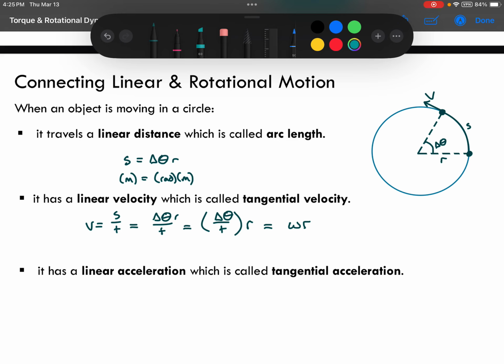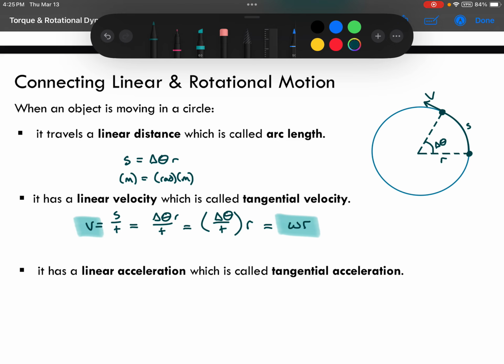And so this, v = ωr, is the main part you need to know. They have added it to the formula sheet this year, so it's not something you have to memorize anymore, and it is going to be super helpful to know that relationship.